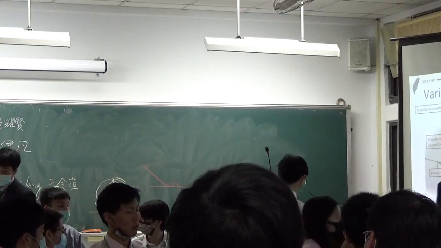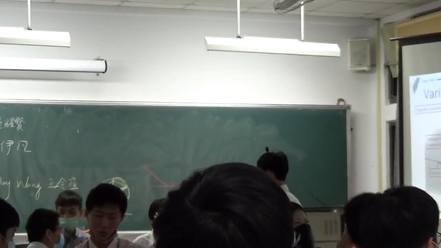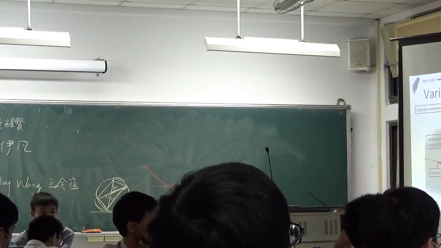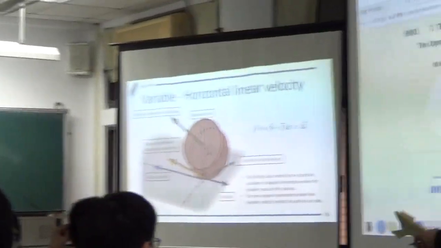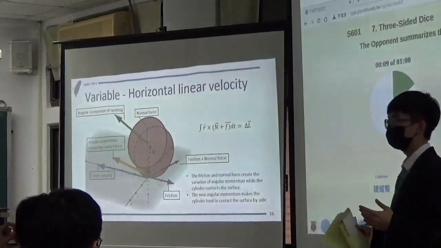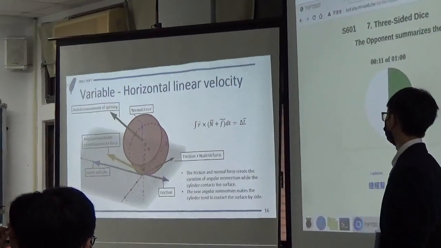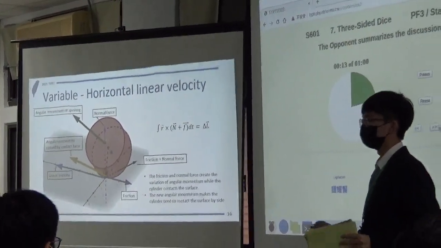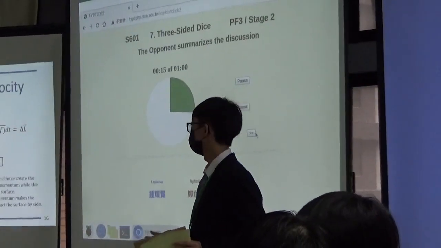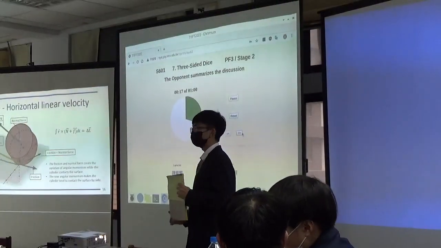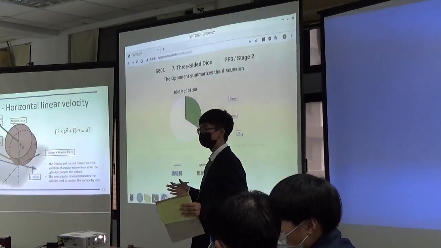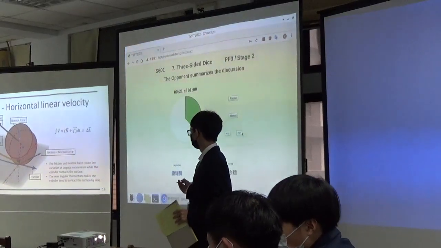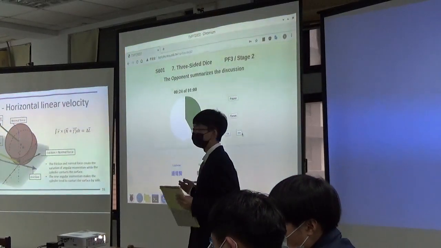Hold on, summarize the discussion, 1 minute. From the discussion with the reporter, we have discussed more variables that we want to discuss. Also, the reporter has mentioned that in the horizontal, the linear velocity and the normal force play an important role. In many experiments, when we change the variable, it relates to the normal force.